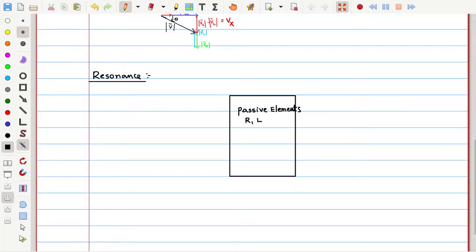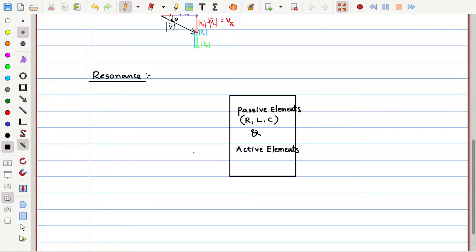R, L and C. And the network also consists of active elements. So this is the general nature of a circuit: the network may consist of passive and active elements like R, L, C and some voltage sources or current sources.